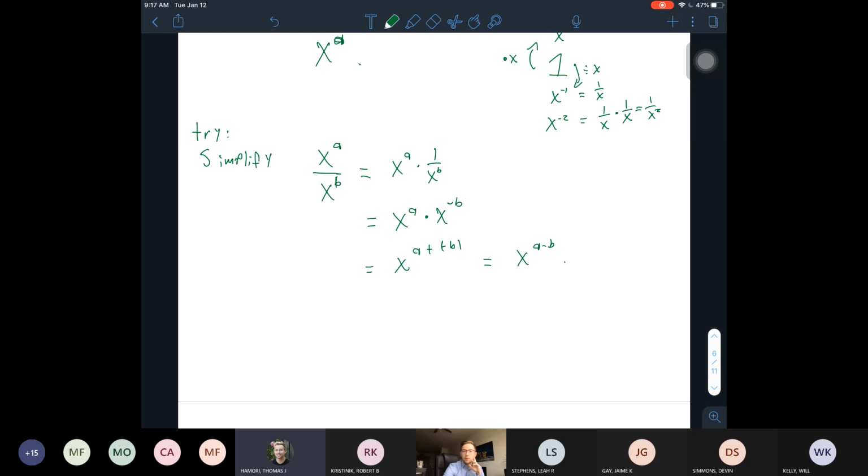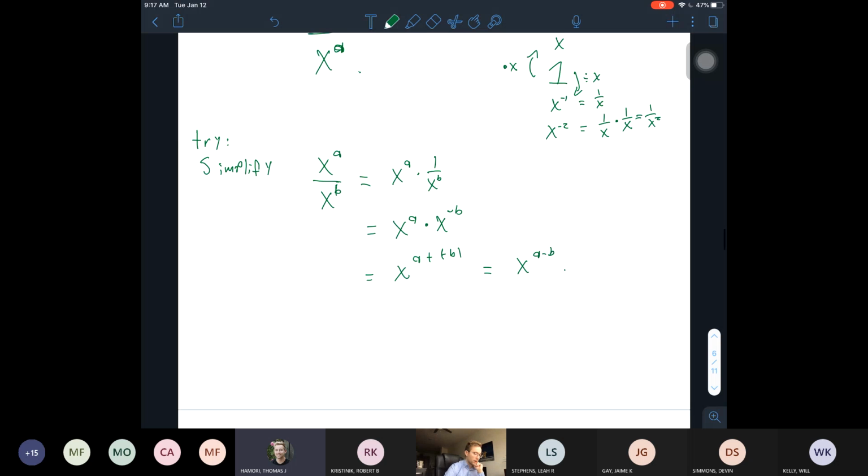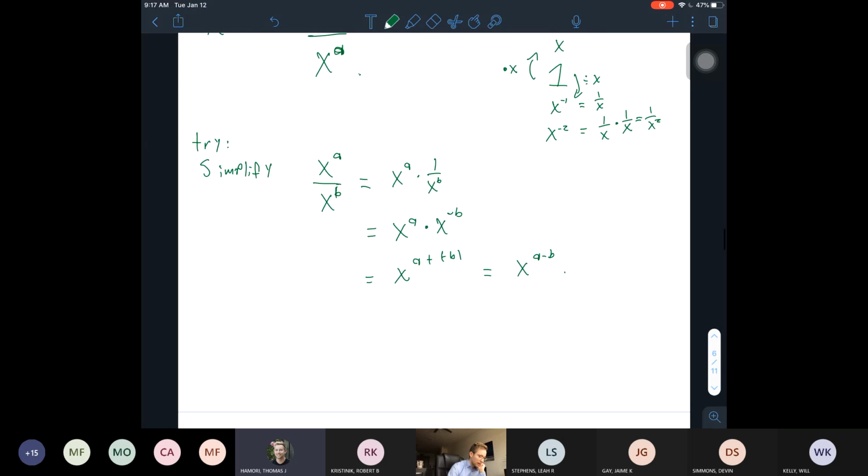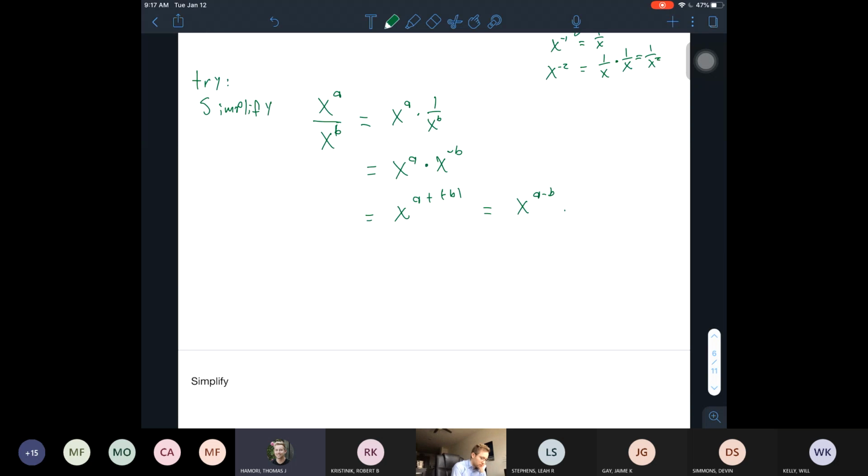So Devin asked a great question. Can the numerator be a number other than 1 for x to the minus a? I'll first assume that you're just talking about x to the power a. In this case, x to the negative a is always going to have a numerator of 1.